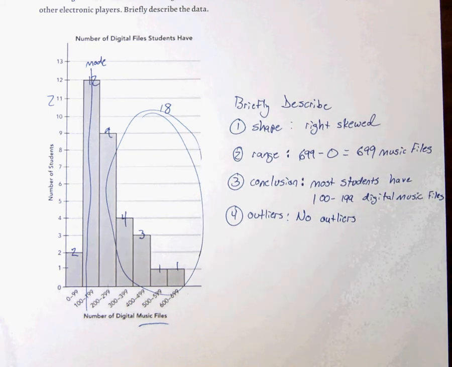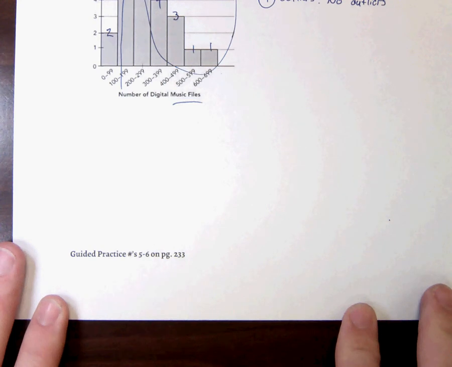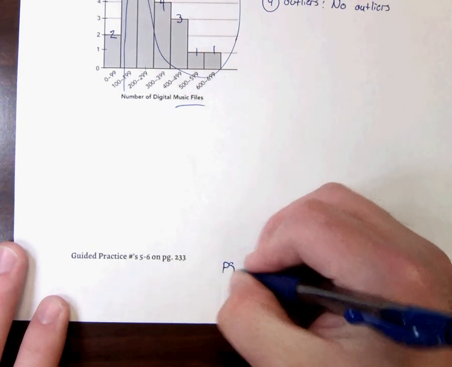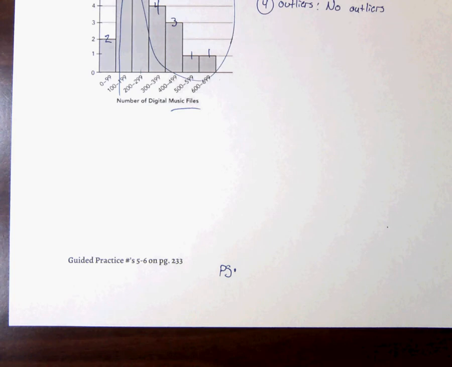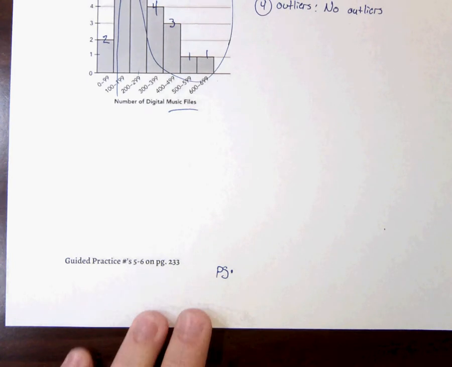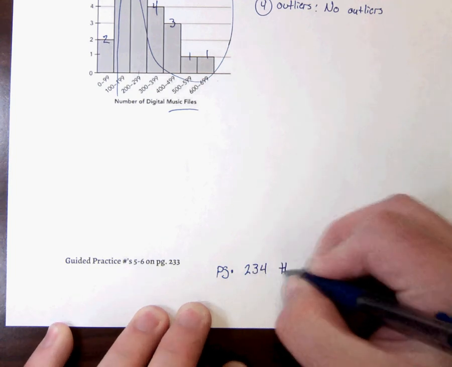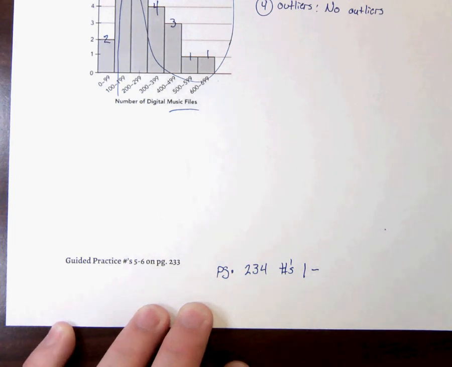Alright, at this time we can now do guided practice numbers 5 and 6 on page 233 of your textbook. Alright, the assignment that goes along with these notes can be found on page 234, numbers 1 through 10.